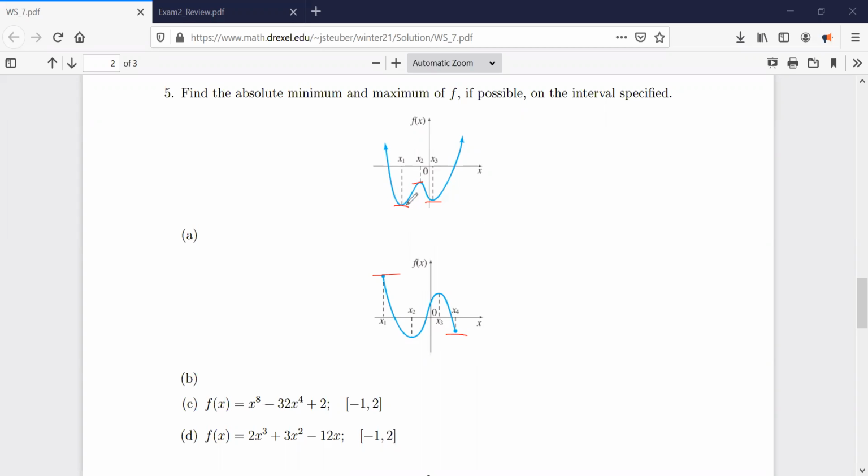It happens that x1 is actually the lowest of all the values, but x2 is not the highest of the values because this one's higher and this one's higher and this one over here is higher. So there's no absolute max, but there is an absolute min at x1, f of x1.